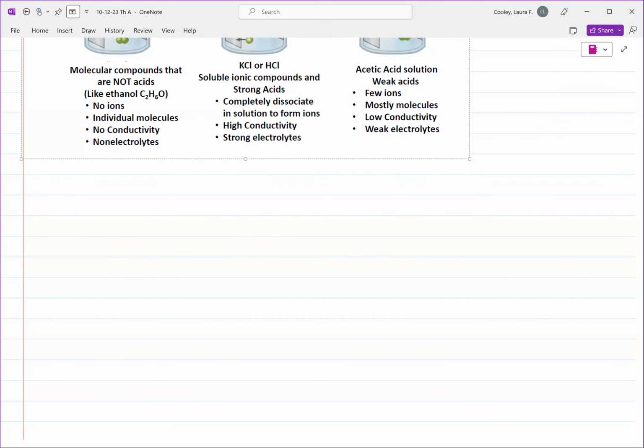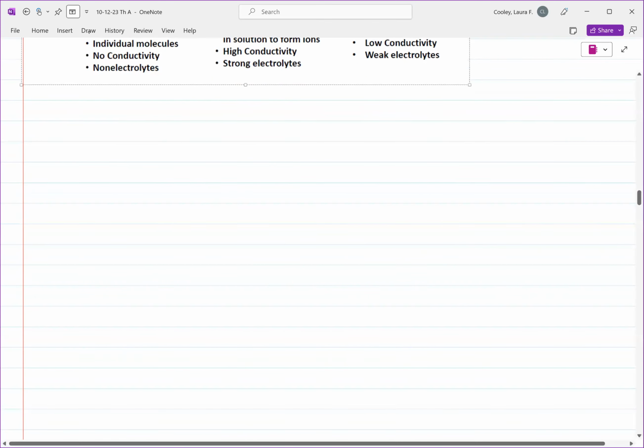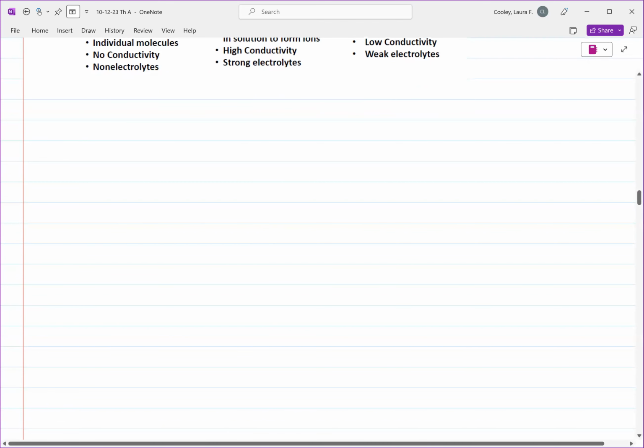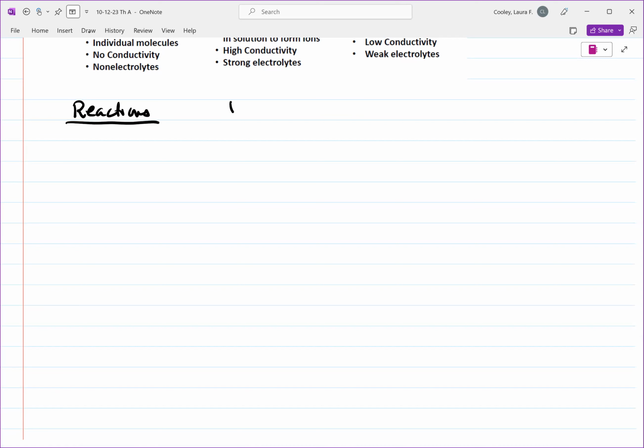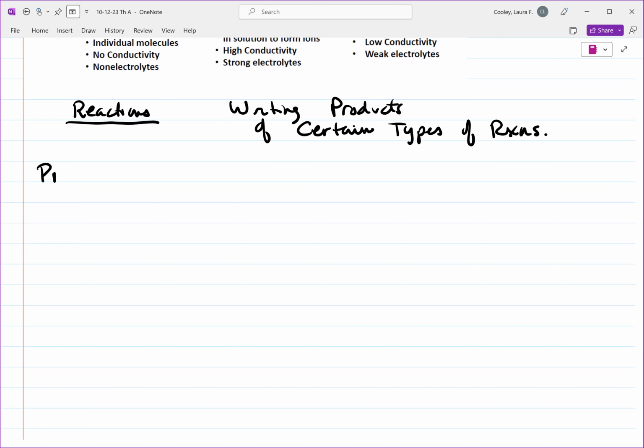Before I just gave you the whole equation, but now we're going to do some reactions where you will learn how to write the products too. So let's talk about writing products of certain types of chemical reactions. Okay, so the first one is precipitation.